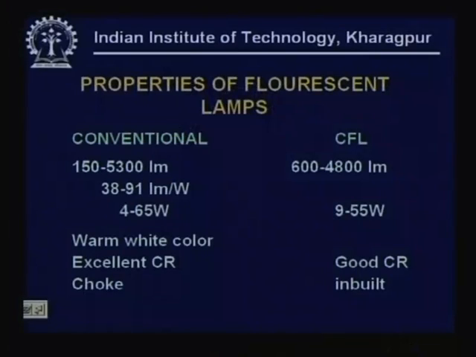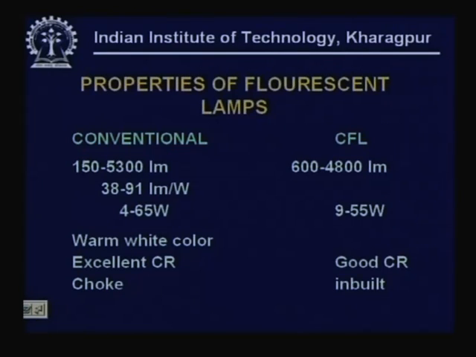And in fact, that is why most CFL parameters are compared with a typical 100-watt lamp. A 100-watt lamp is more or less a standard lamp as far as interior lighting goes. So, you do get CFLs with a range of light flux between 600 to about 4800.